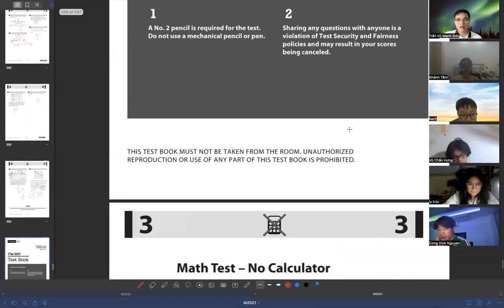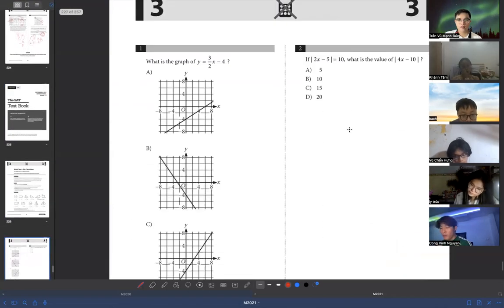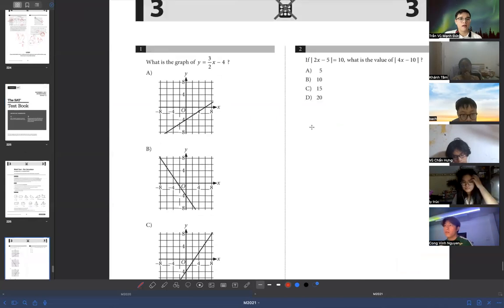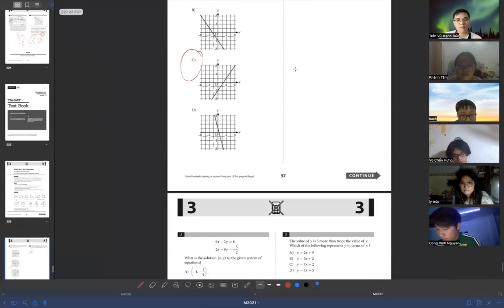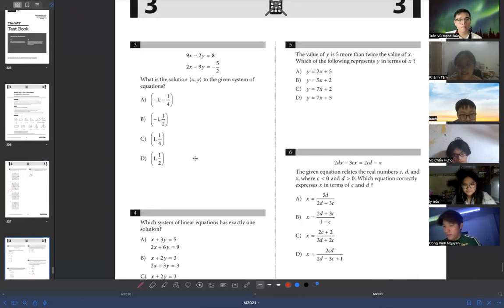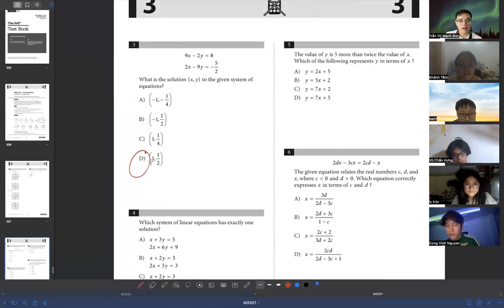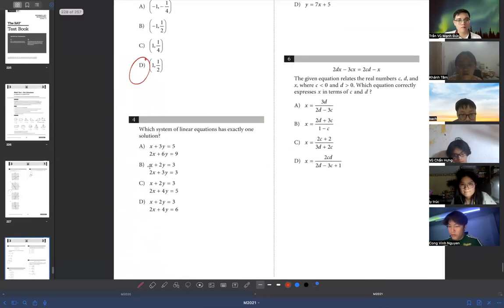All right, that was quick-ish. Let's move on very quickly. Next up is number 1. 1C, 2D, 3D, and 4B.